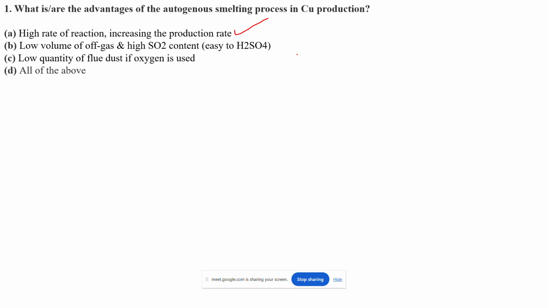So the rate of reaction or production rate gets increased during the whole processing. Low volume of off gases and high SO2 content, which helps in easy conversion to H2SO4.